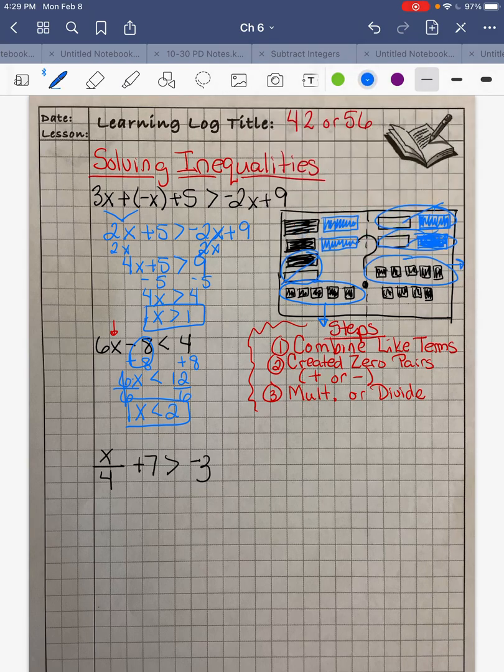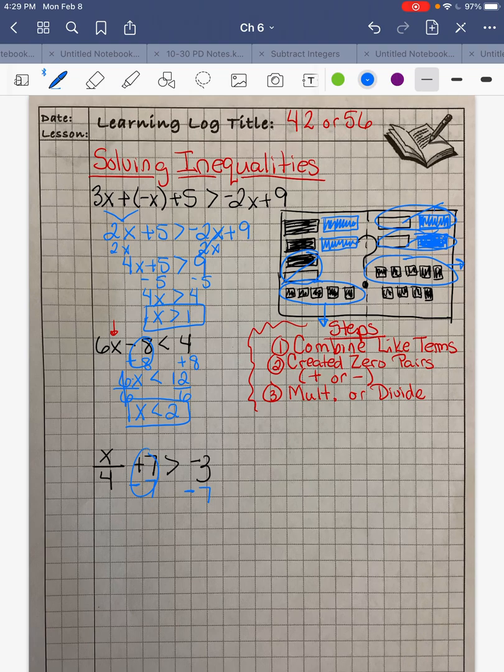Let's write some steps. Now, combining like terms? No. x over 4 plus 7, we can't add that. So my first step is step 2, which is making some zero pairs. I want that plus 7 to go away, so I subtract, right? 7 positives, 7 negatives makes 0. But if I do that on one side, I have to do it on the other.